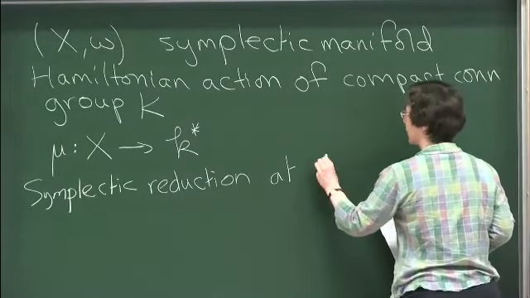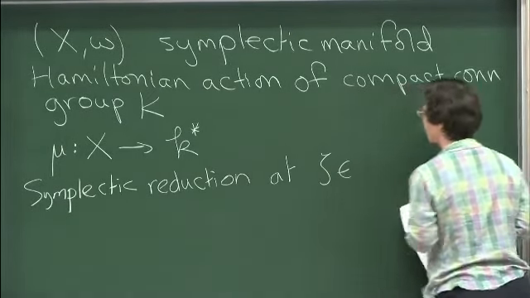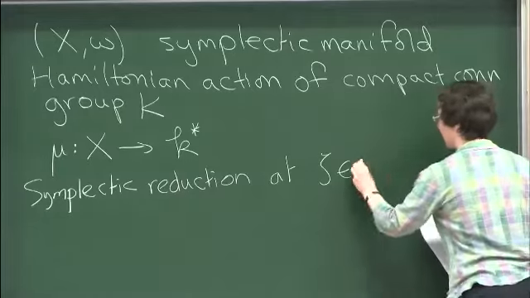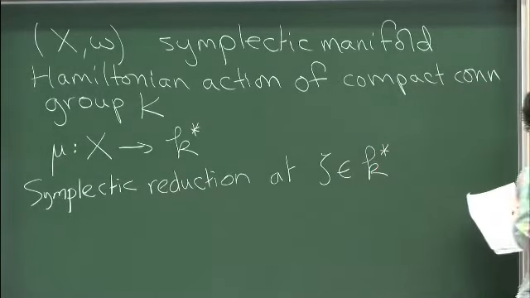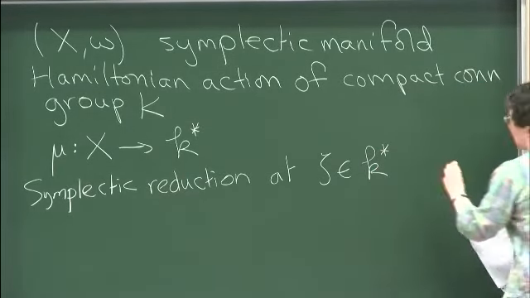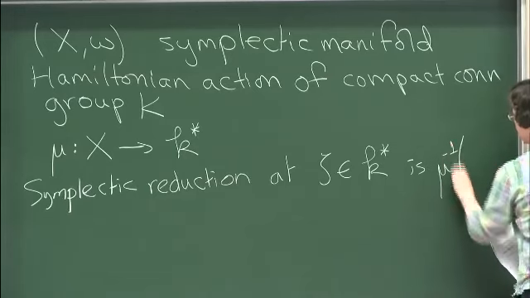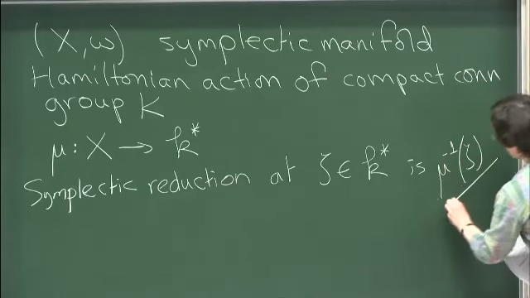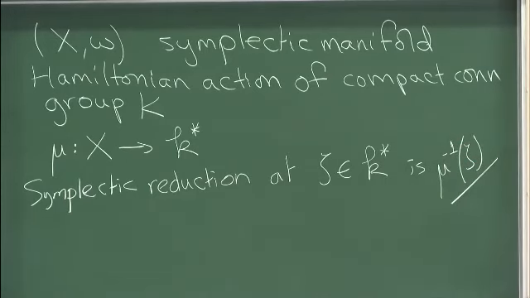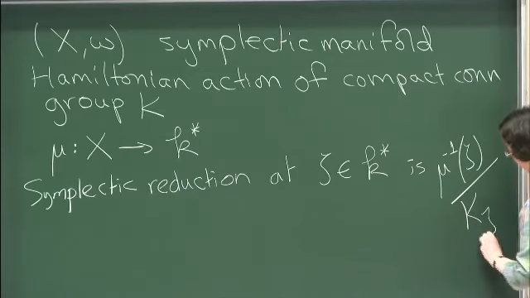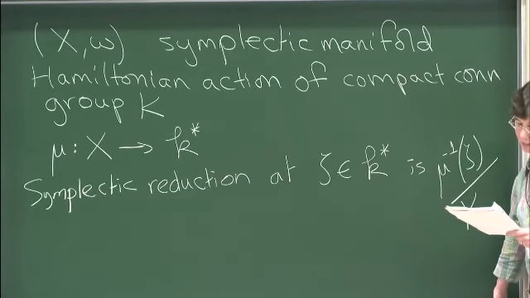The symplectic reduction at some point zeta in the dual of the Lie algebra is just the inverse image of this point under the moment map, quotiented by the stabilizer of the point zeta under the coadjoint action.